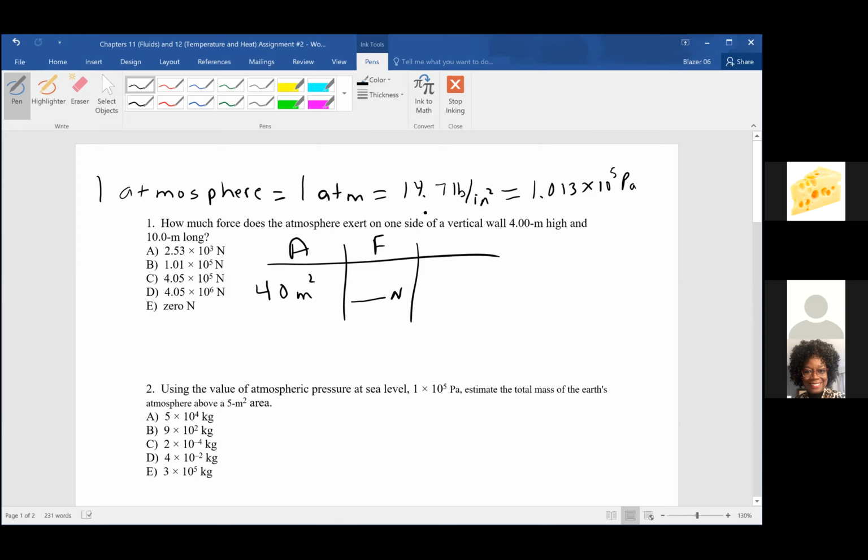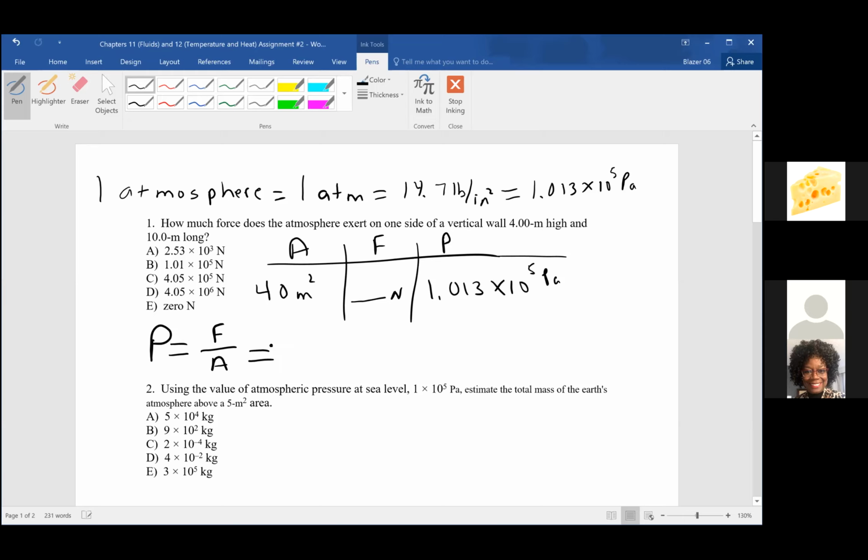And how much force does the atmosphere exert? So the atmosphere has a pressure of 1.013 times 10 to the 5th pascals. That's what we start with. So our equation says that pressure is defined as force over area.